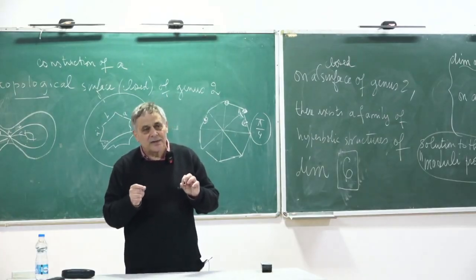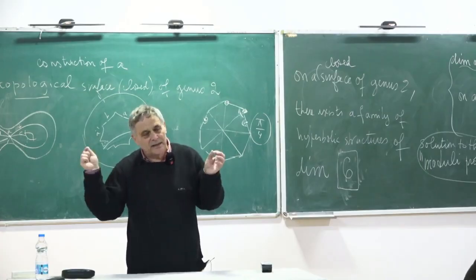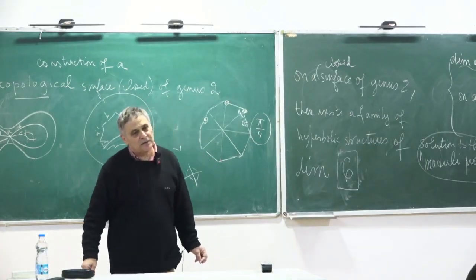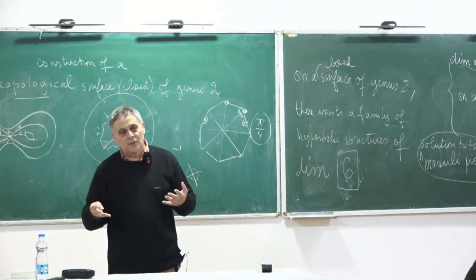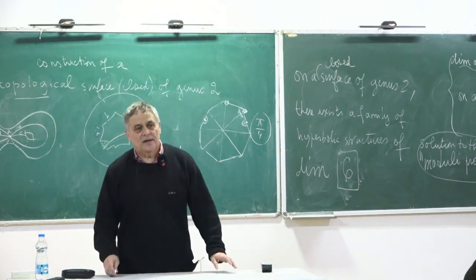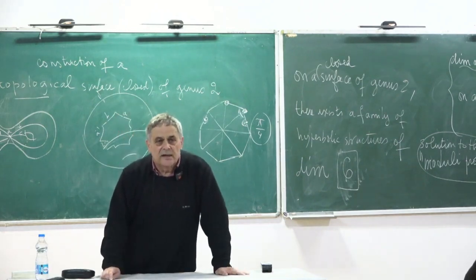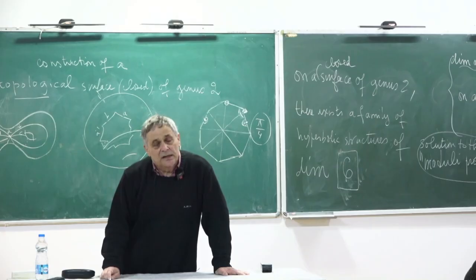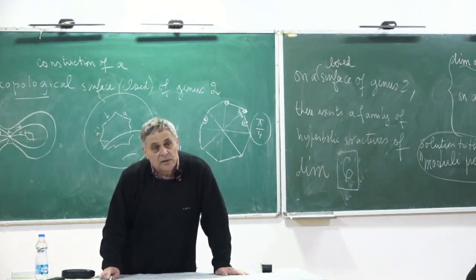When he writes something, he writes just small sentences, and then you must understand what he means. In one of his papers, he wrote, for a surface of genus g, there are 6g minus 6 moduli. And during at least 150 years, people tried to understand what he meant by the moduli.